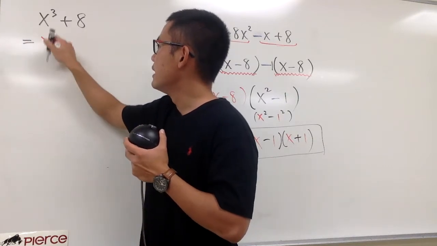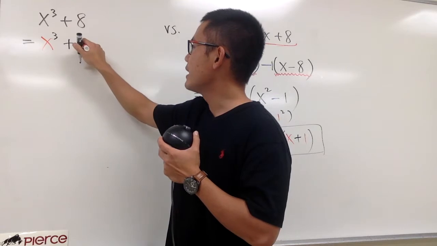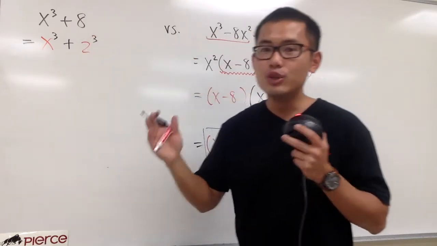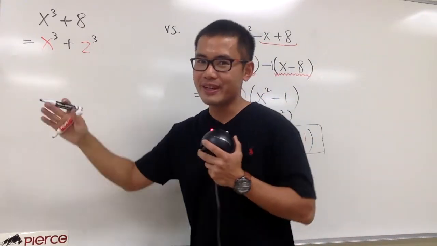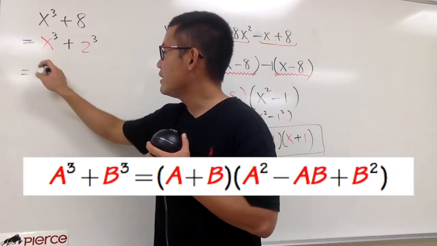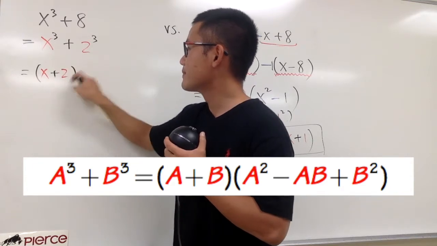This is the same as x to the 3rd power plus, for the 8, we write that as 2 to the 3rd power. And we have to once again remember the formula to factor out the sum of 2 cubes. Okay, so it's right here again for you guys. This is going to be the first parentheses. We will have x plus 2. Okay?